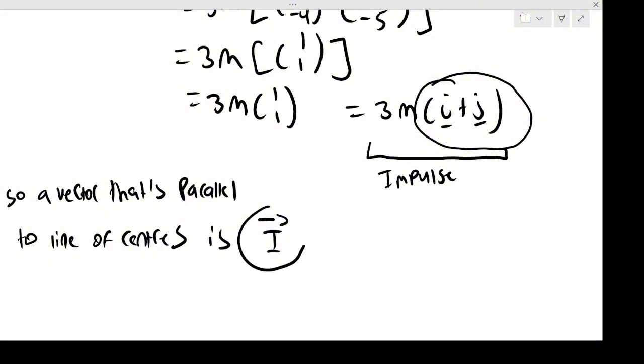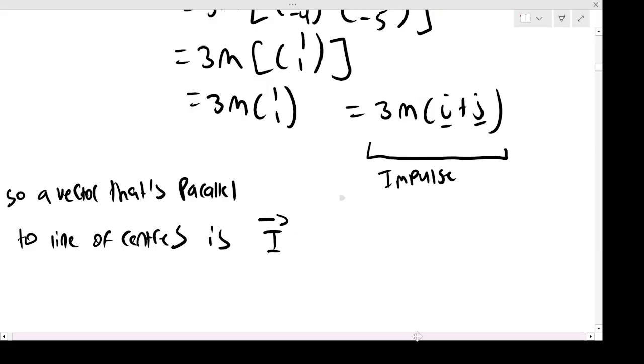What I'm saying there is it's a direction vector in the same direction as my impulse. It's not going to be the exact impulse vector, but just a parallel vector in the same sort of direction. So I'm just going to call it i plus j. Hopefully you're with me here. I'm just physically taking the vector part of it, because that's also going to be parallel in the same direction. It's a direction vector. So this is my direction vector for the impulse, in the same direction.